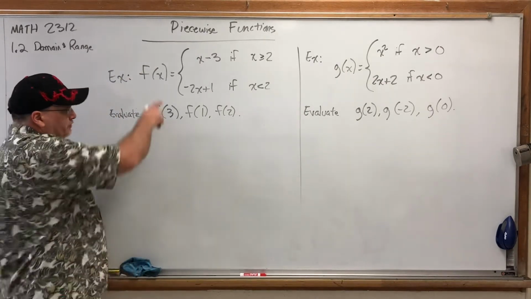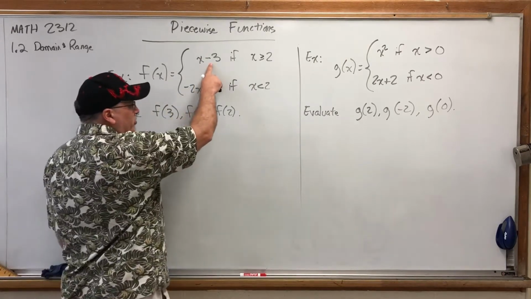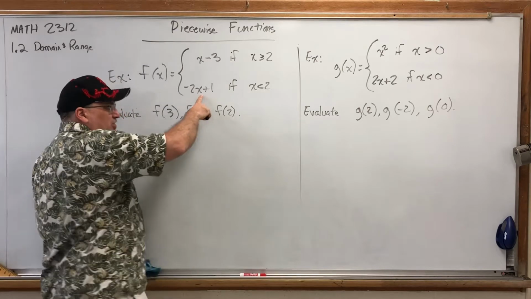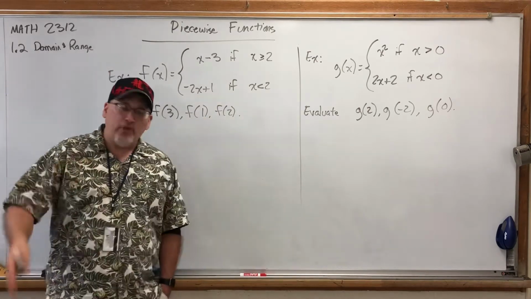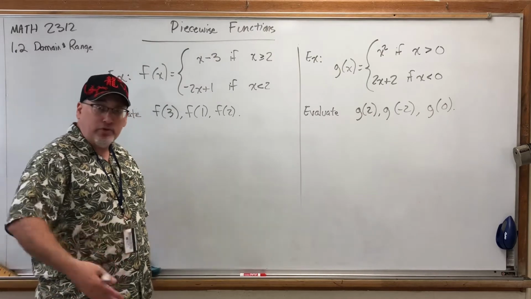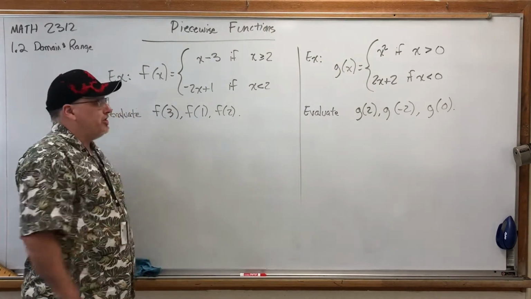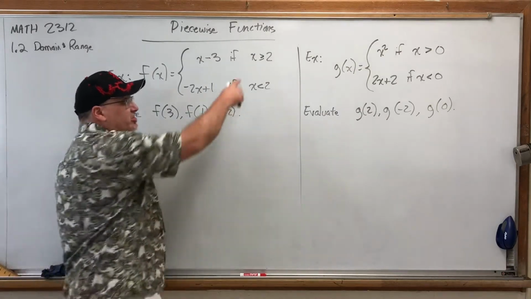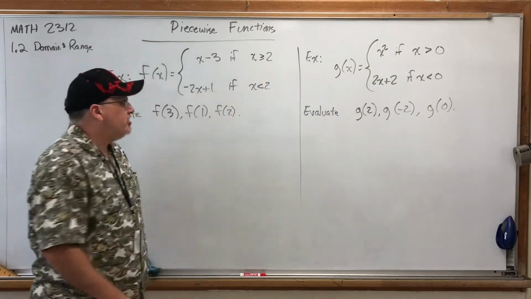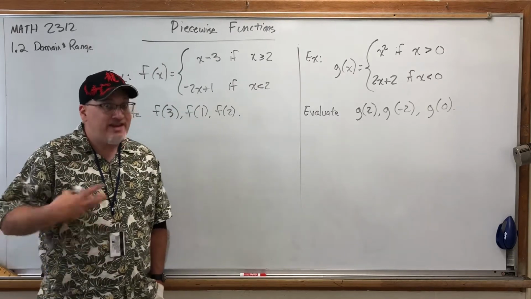For example, f of x is equal to two functions, x minus 3 and negative 2x plus 1, but you can't use both of them at the same time because a function is only supposed to produce one output for a given input. Each part of a piecewise function has a condition attached to it, a condition that tells you when to select a function based on the input.